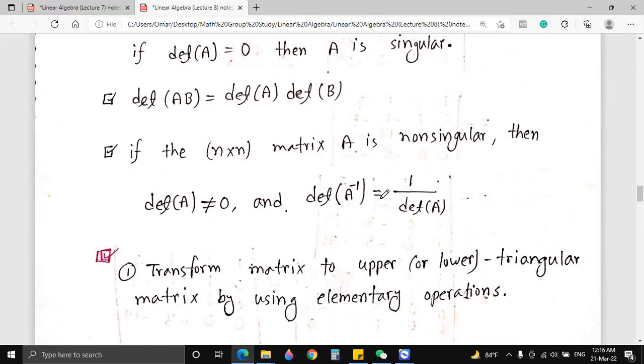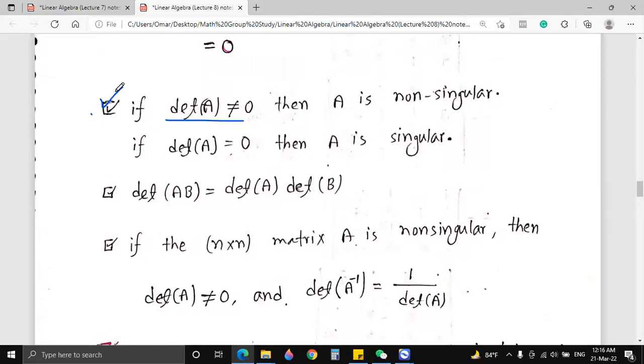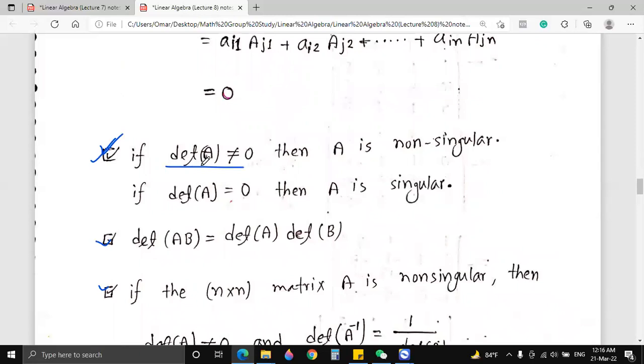Determinant of A inverse is 1 by determinant of A. So you see here we have some small formulas, like if determinant of a matrix A is not equal to 0, then A is a non-singular matrix. And if determinant of A is 0, then A is a singular matrix.